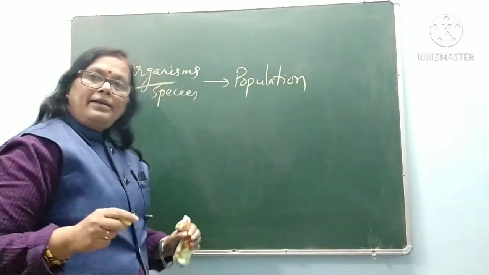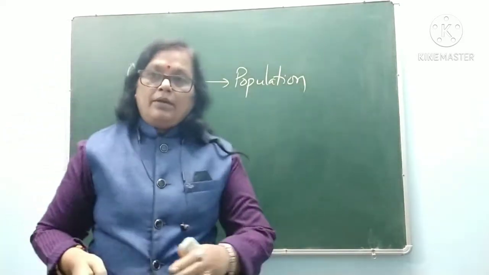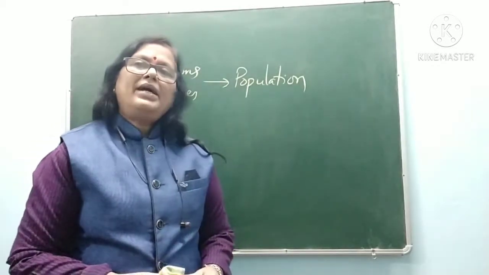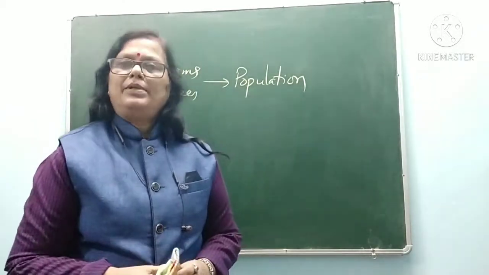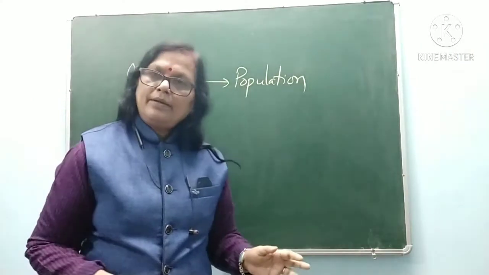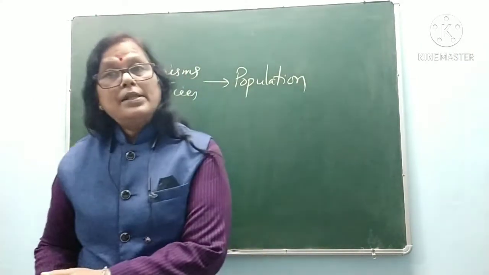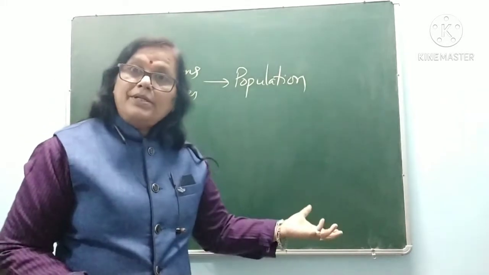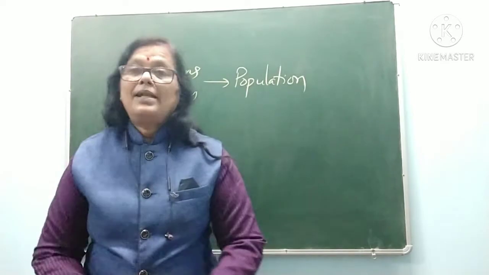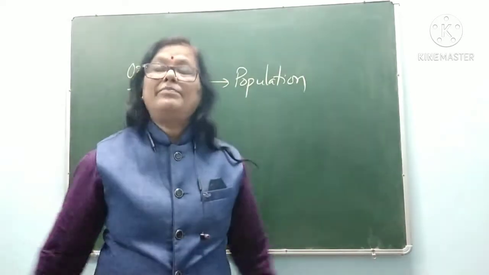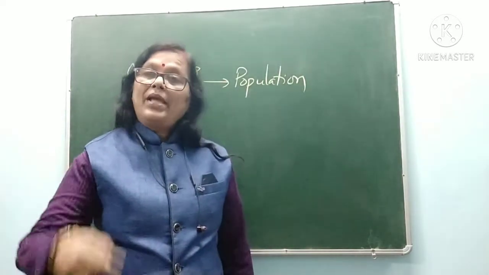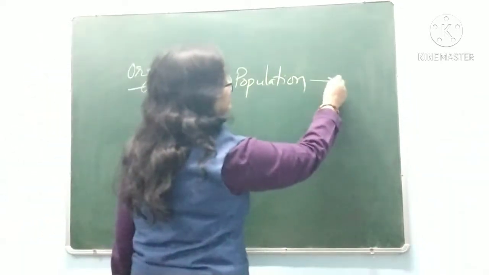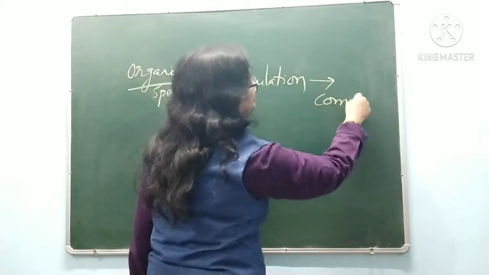Population, and you know, in a geographical area, there are various kinds of populations. Suppose human beings are there, dogs are there, cats are there, birds are there, mango trees are there, banyan trees are there, grasses are there. So various kinds of populations are there, and they make a community.